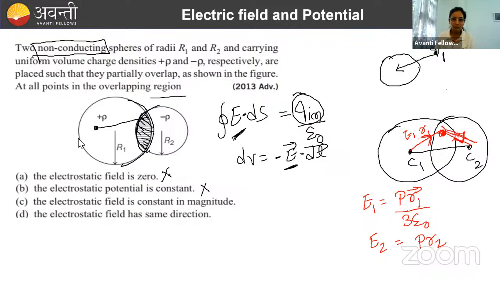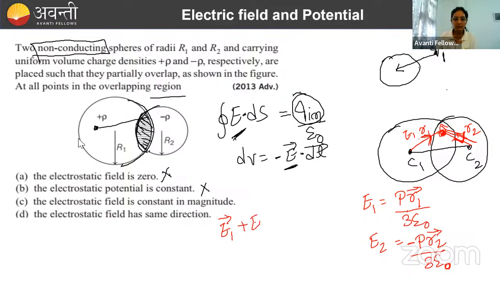But the electric field is in the direction opposite to R2. So the electric field can be written as minus rho R2 divided by 3 epsilon naught, in the minus R2 direction.